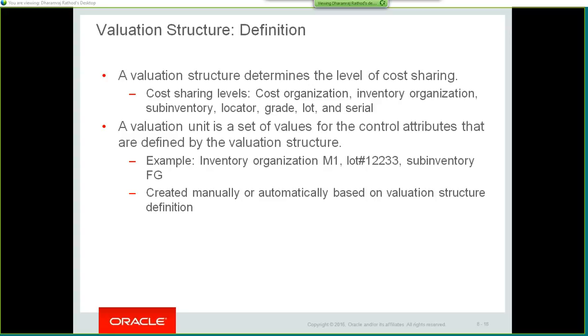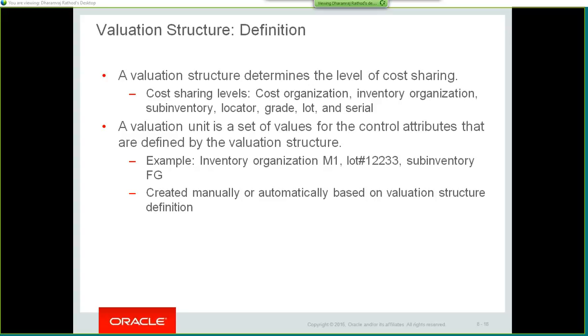You can define another valuation structure which could track the quantities and cost at the lot. All these valuation structures would sit in the entity called cost profile. Then you can use that cost profile for certain items. So you have certain sets of items which are lot controlled, and you assign the valuation structure called lot. Which means that each lot will have its own average cost.